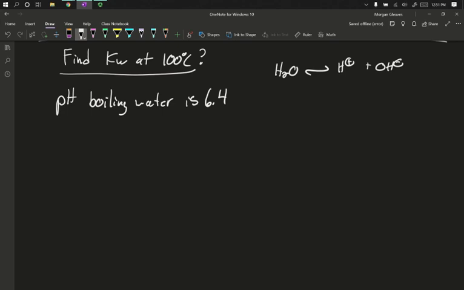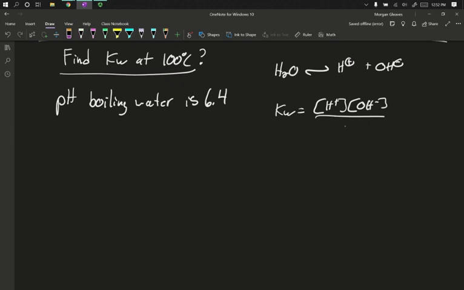All right, if you're back, well, the whole idea of Kw is that it's the equilibrium constant for the dissociation of water. So our Kw is equal to the product, the H+ and the OH-, divided by the reactant water. But since the concentration of water is constant, it factors out.